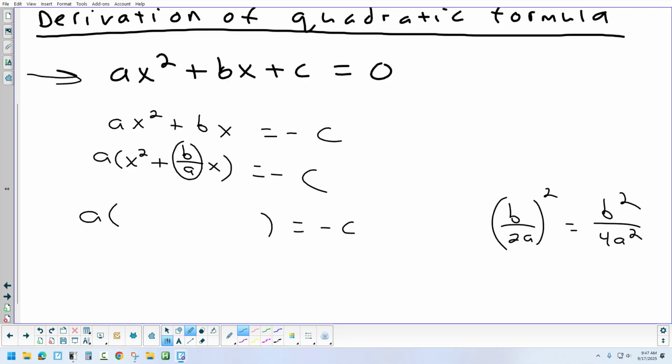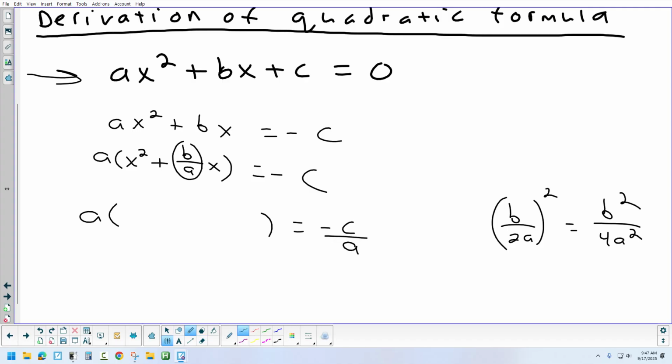So, you know what? Before I actually write anything here, to make this a little bit simpler, so we don't have this a, how could I put this a on the other side? I just don't really want it hanging out in front here. Divide both sides by a. Yeah, let's just put that over here.